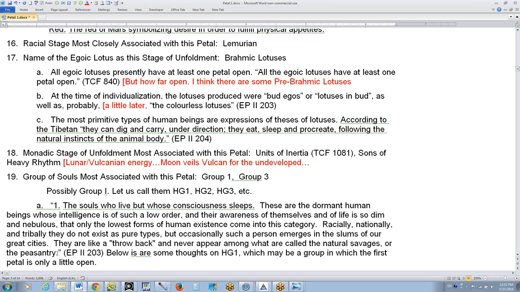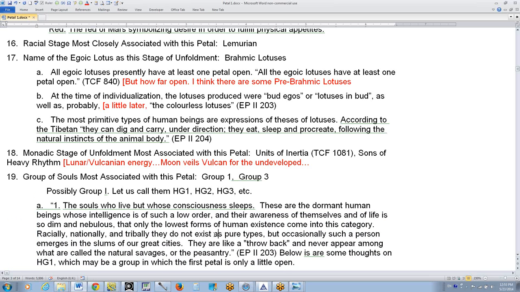So below are some thoughts about human group 1, which may be a group in which the first petal is only a little open. As I said, there's a difference between the word open and opening, open, and fully open.